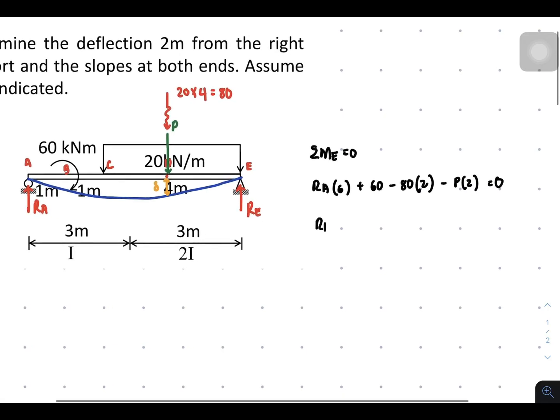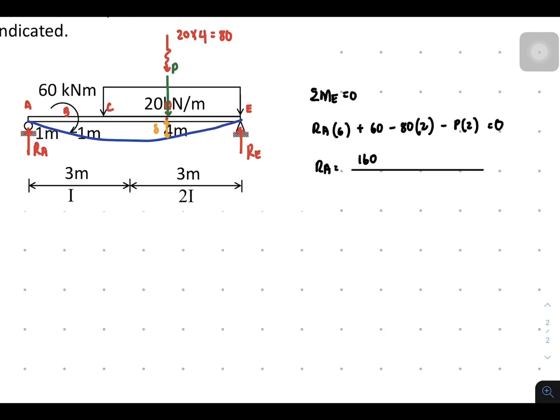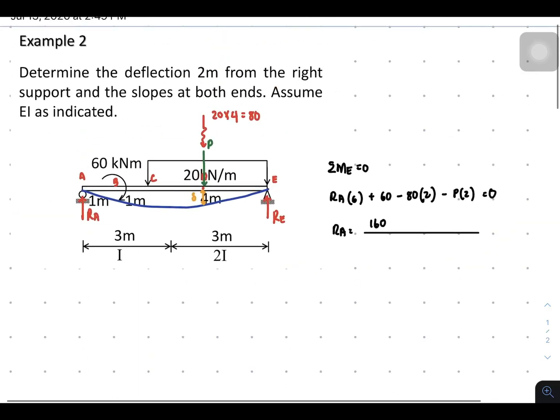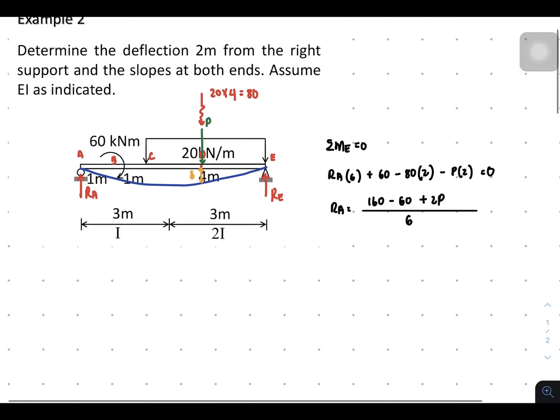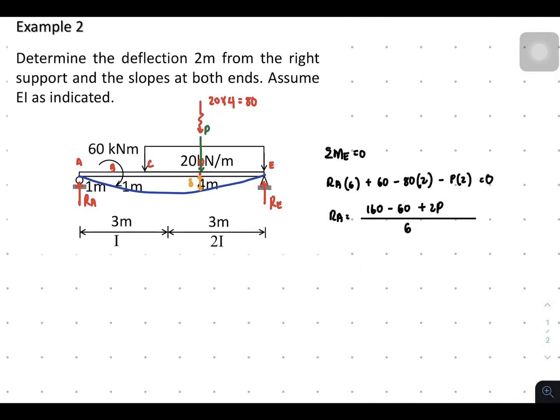So RA is now equal to 160 minus 60 plus 2P over 6. So we will have RA equal to 100 plus 2P over 6.